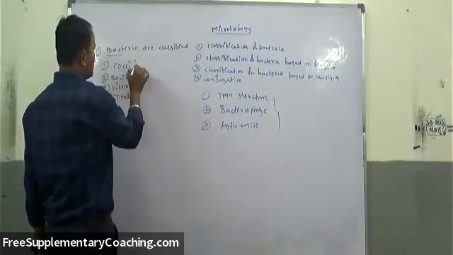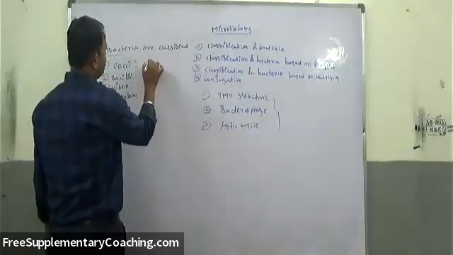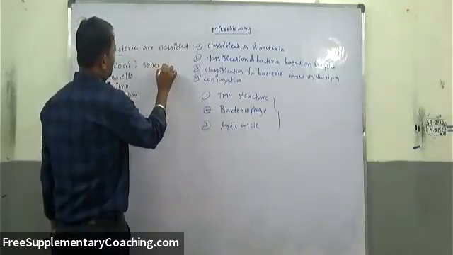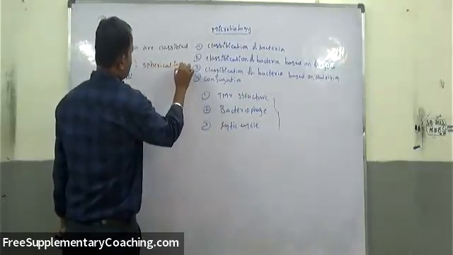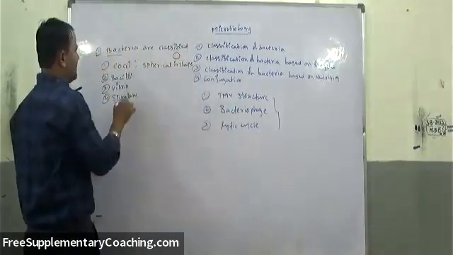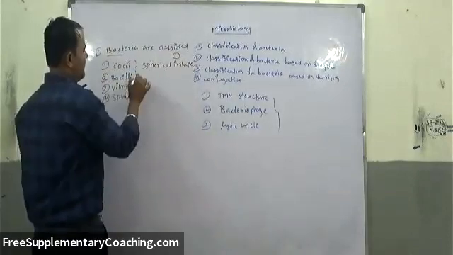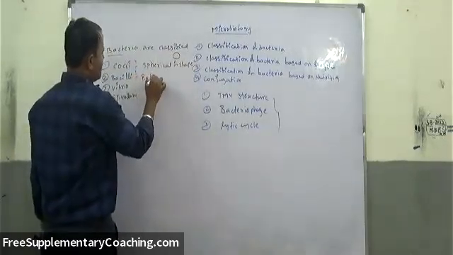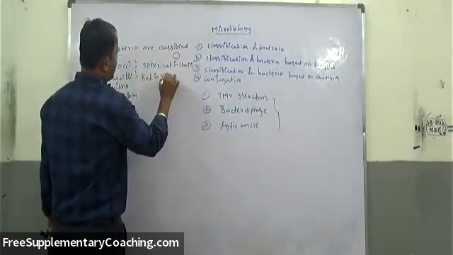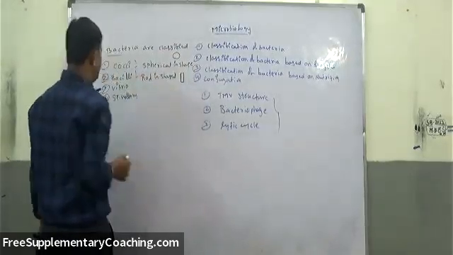Now cocci are spherical in shape, like this. Bacilli are rod shaped, like this.